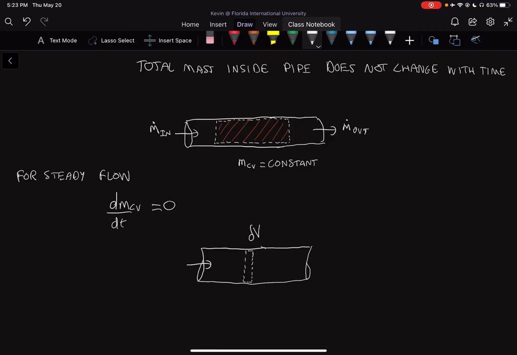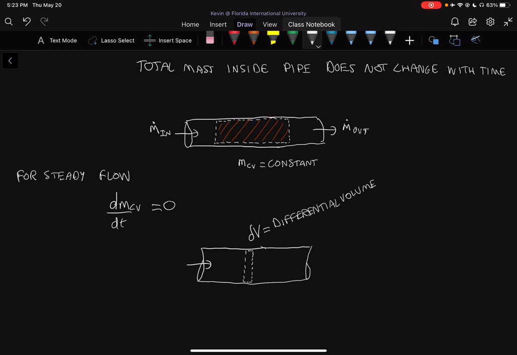So we have dV, which is a little slice of the volume. Okay, I'll just write differential volume so that we have it. So it's a little slice of the volume through the system.